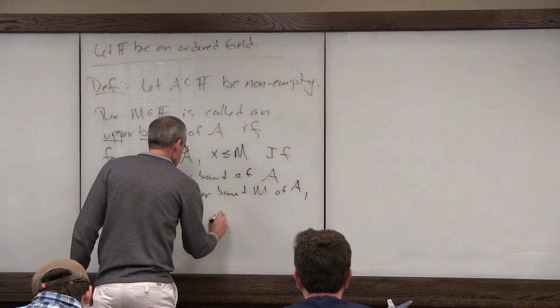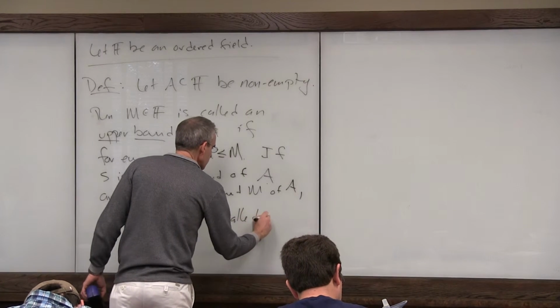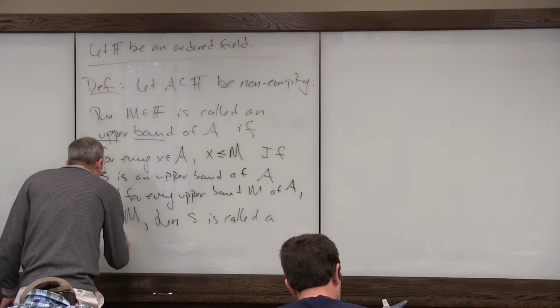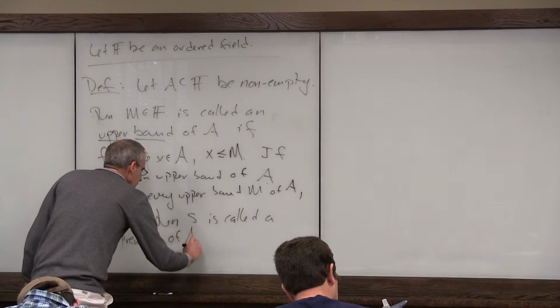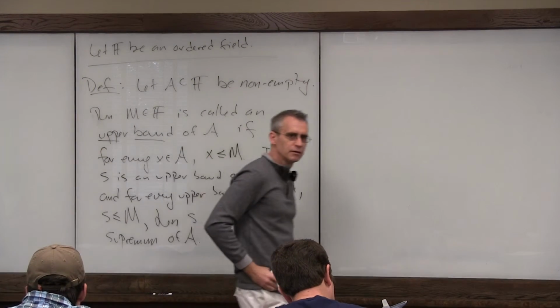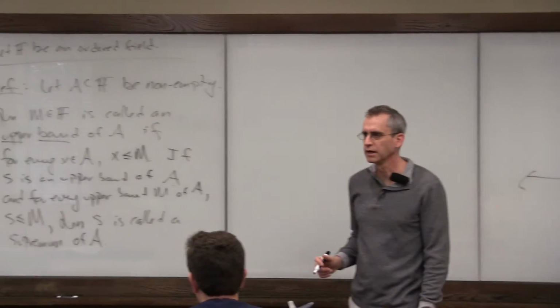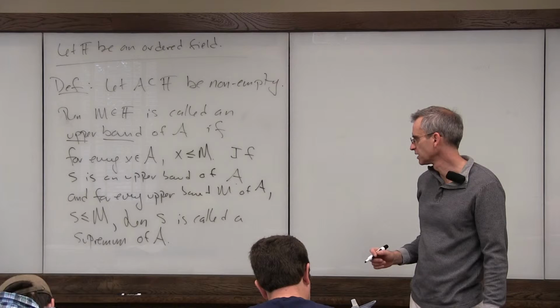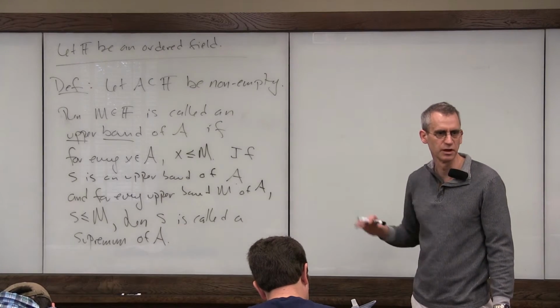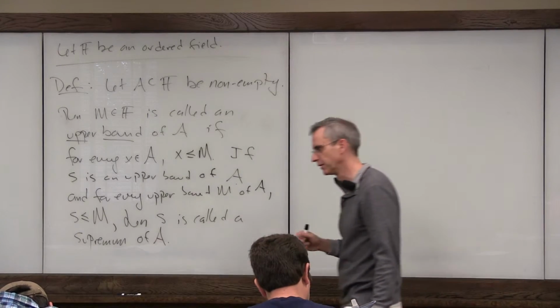Then S is called a supremum of A. Okay? You've known it as least upper bound, but again, from years of doing this, I know that that gets confusing, and this is the term that you'll see in other math courses as well later on.